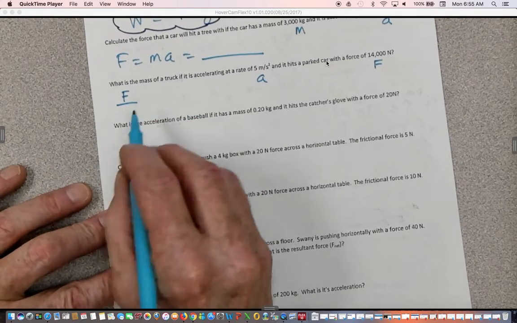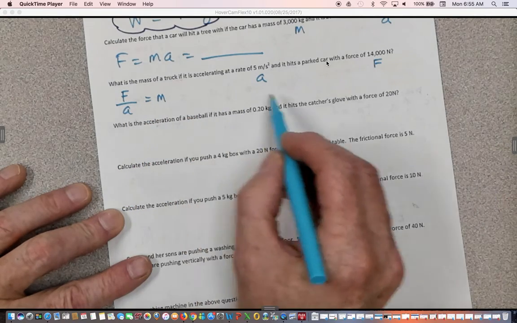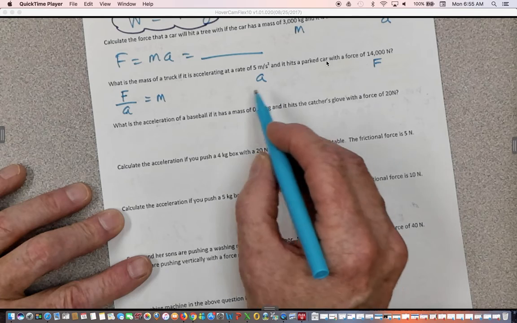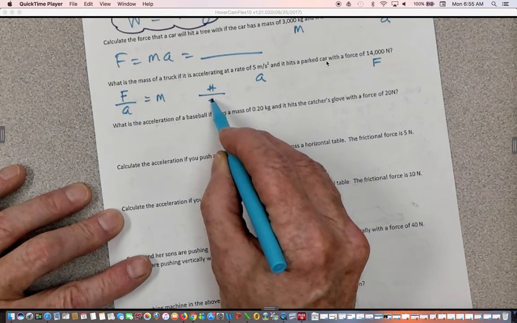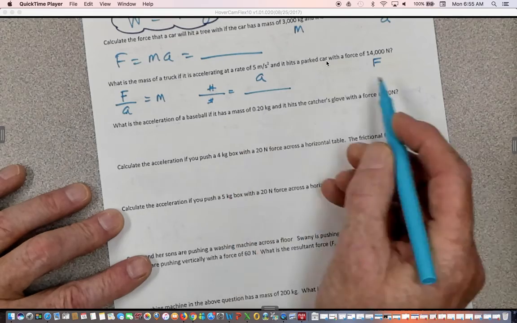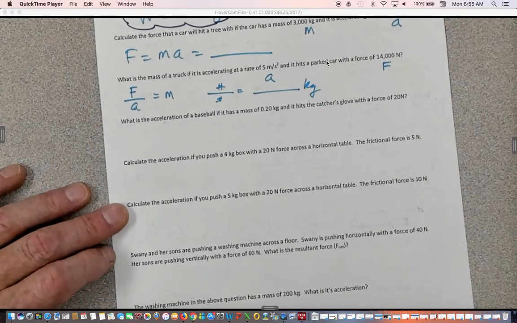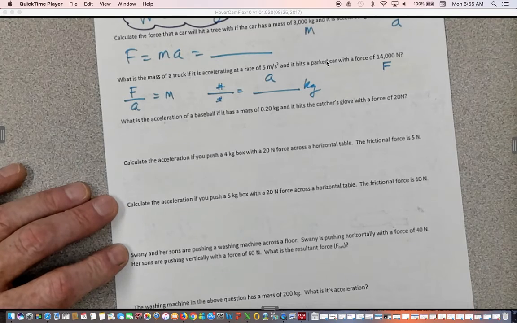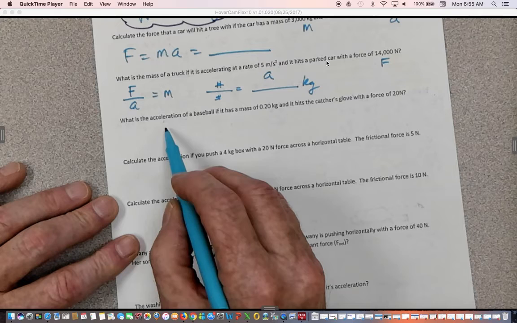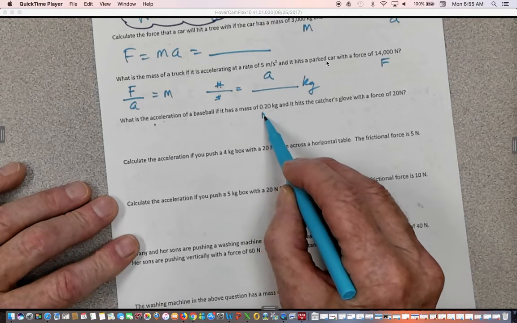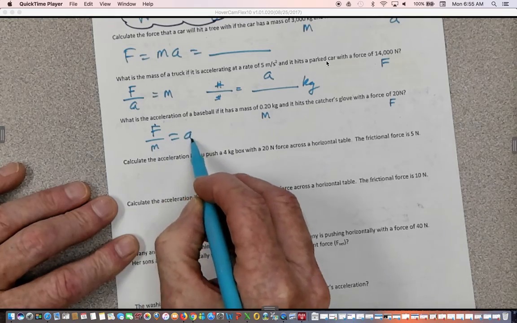F over A equals M. So show F over A, do those numbers, put the number up here, put the number down here, equals, and the units of mass will be kilograms. They want to find acceleration. You know the mass, you know the force, so F over M equals A.